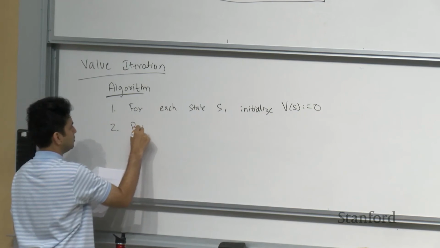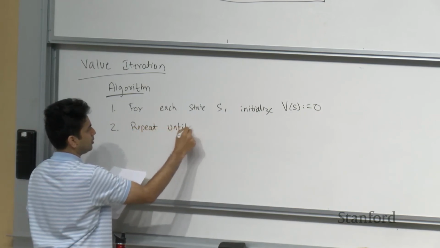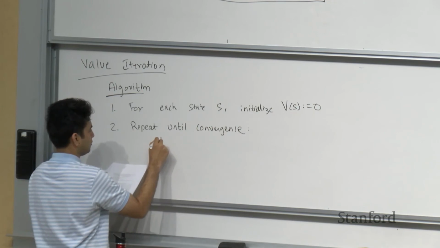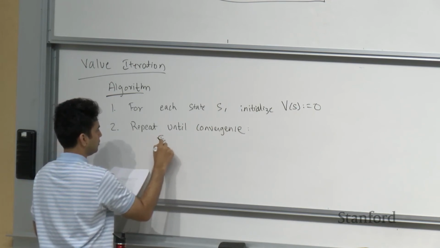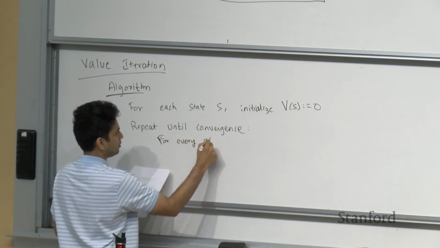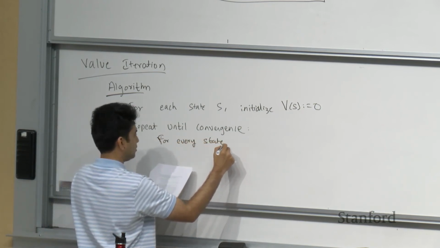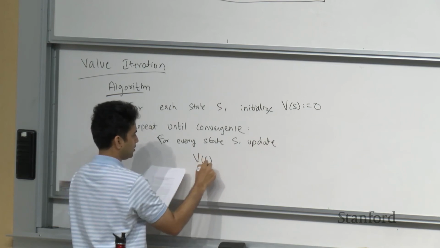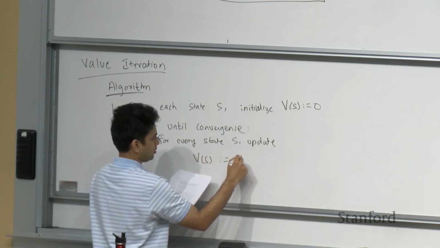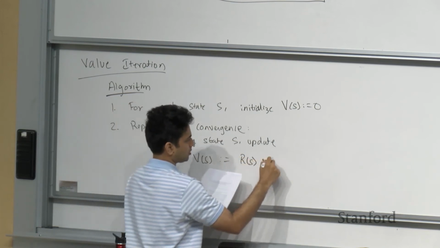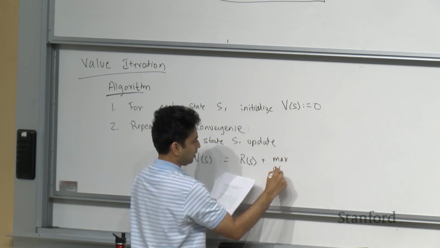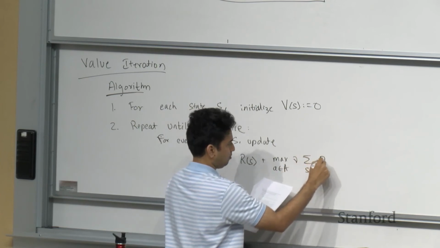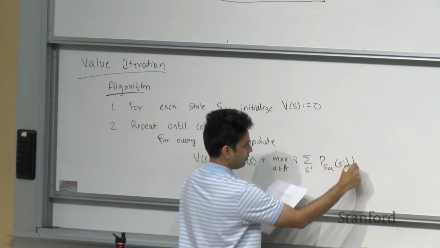Step 2, repeat until convergence: for every state S, update V of S equal to R of S plus max over A in A of gamma times the sum over S prime of P_SA of S prime times V of S prime.